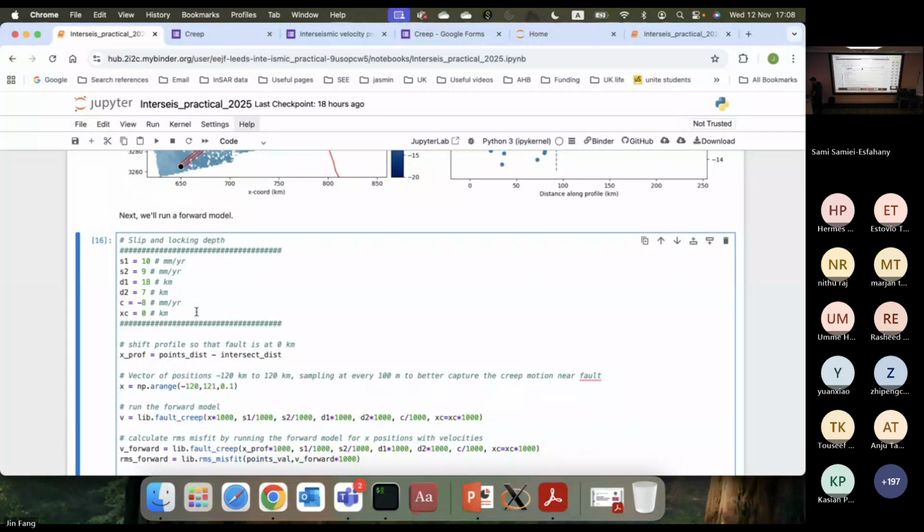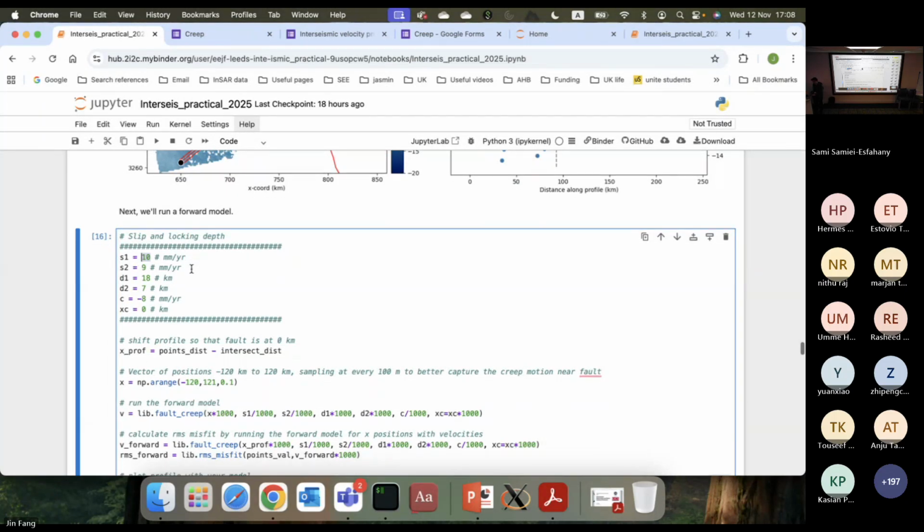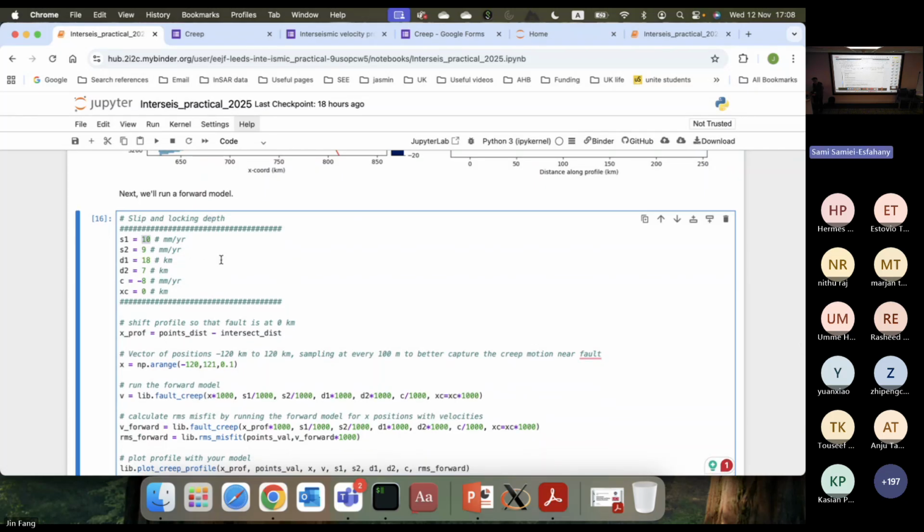Okay. So what are your parameter combinations with 1.3 RMS misfit? It's a bit unrealistic. 1.4, yeah.